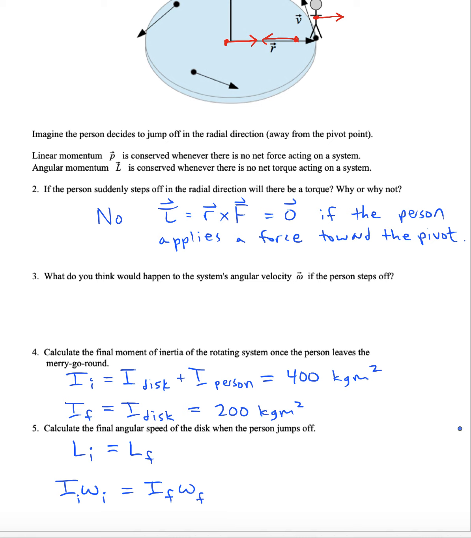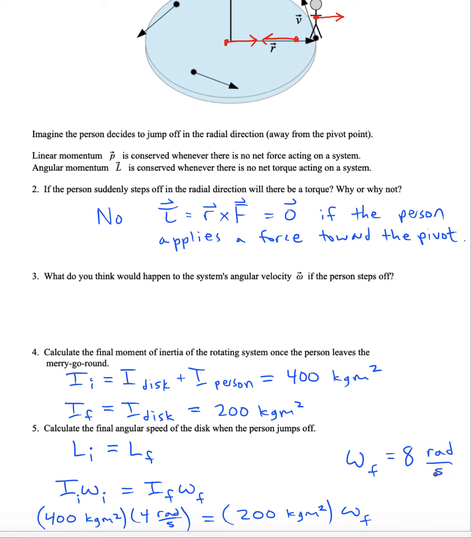Now let's plug in the quantities. The moment of inertia before was 400, and the angular speed was 4 radians per second. The moment of inertia after, though, went down to 200. So we can solve and find what the new angular speed should be. It should now be 8 radians per second.